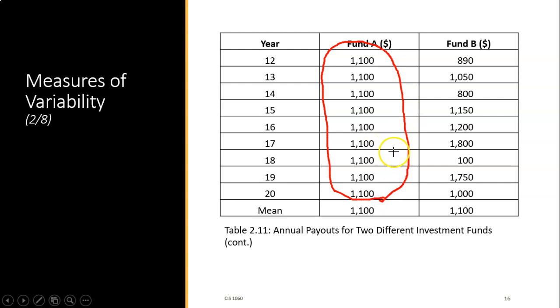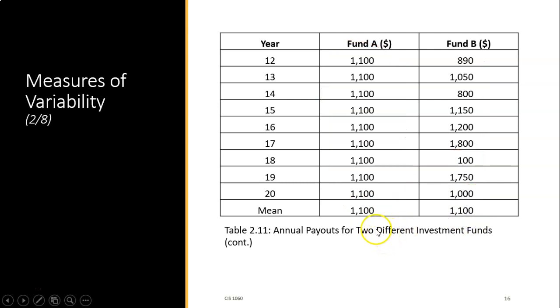Again, looking at the final years of Fund A, it's still 1,100 every year, where Fund B has more variation still, even going as low as 800 and as high as 1,750 or even $1,800. Now, one thing to pay attention to is that the average for both of these data sets is equal.